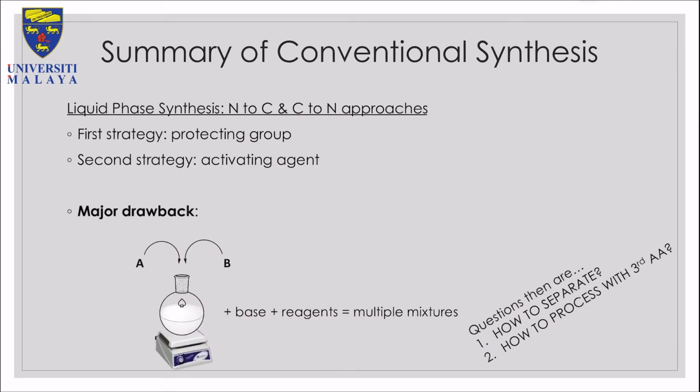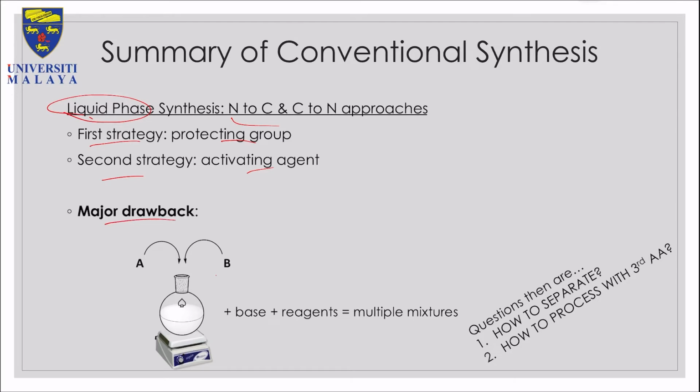So basically that is the general principle. So two strategies for a liquid phase, whether you want to do N to C synthesis or C to N synthesis, both are fine as long as you are using these two types of strategies. But there is still one major drawback if you were to synthesize peptides using a liquid phase.